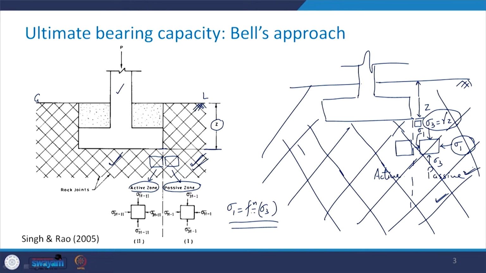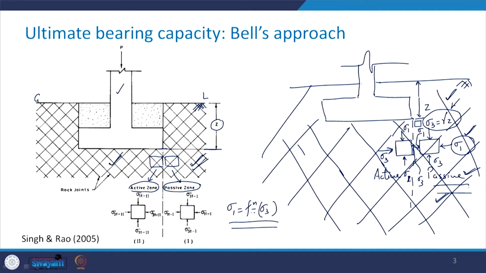Now, come to the active zone. Again, in this case, you will have sigma 1 and here sigma 3. What Bell's approach says is that sigma 1 of the passive zone becomes equal to sigma 3 of the active zone. Sigma 3 of the passive zone is known to me, so I can find out sigma 1 of the passive zone.